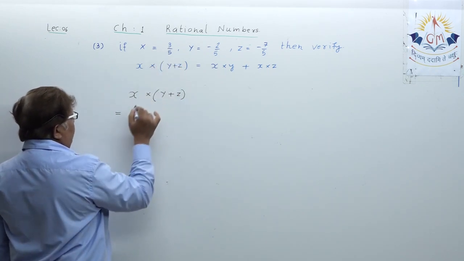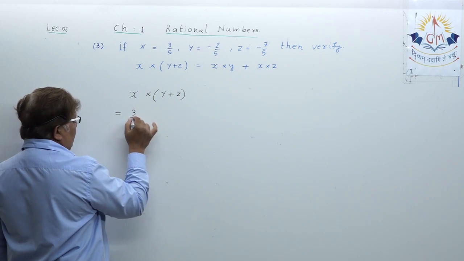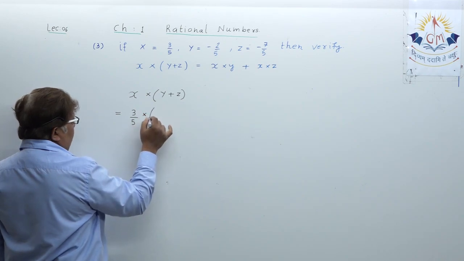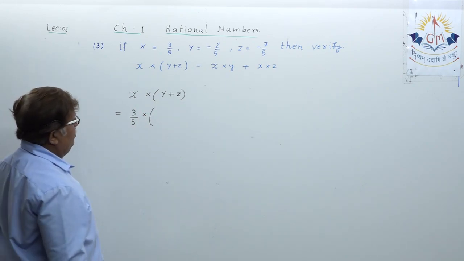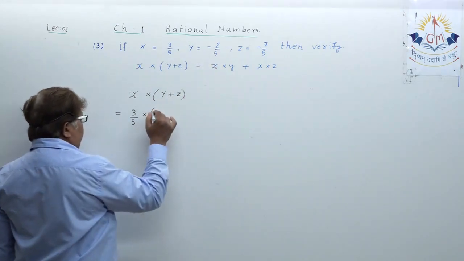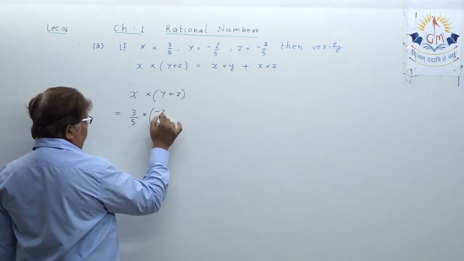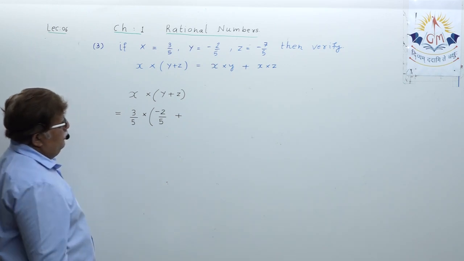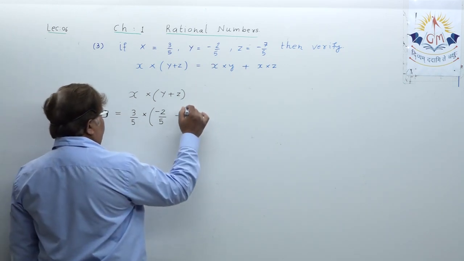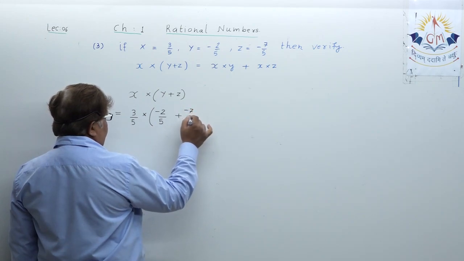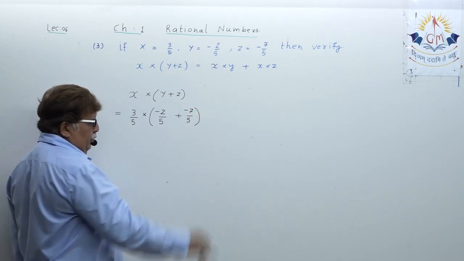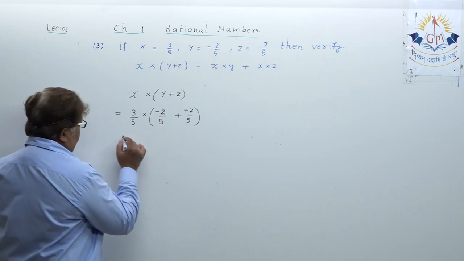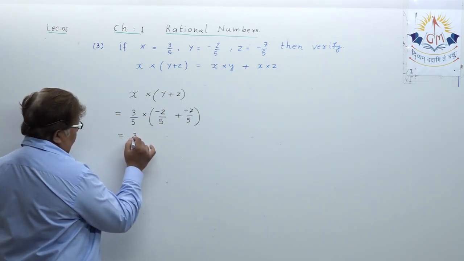What is the value of x? 3 upon 5 multiplied by the value of y, minus 2 upon 5, plus the value of z, minus 7 upon 5. Please note down this. Now, 3 upon 5.